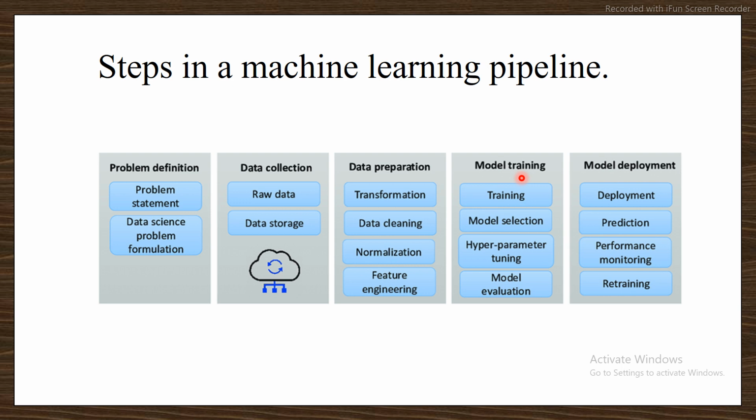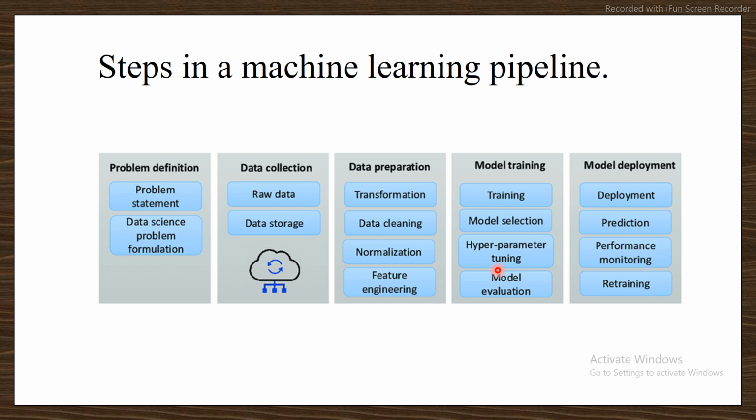Here, one thing I wanted to highlight is hyperparameter tuning and model evaluation. How are you going to evaluate the model, whether your training accuracy and test accuracy have a significant difference or not?